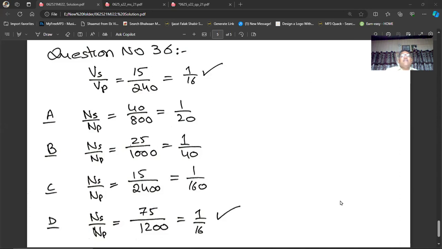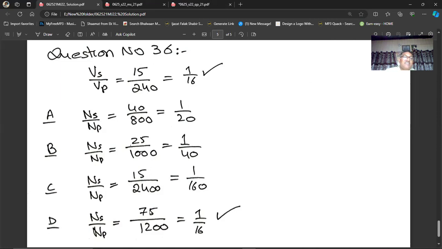Right now, okay, so in the B option, the number of turns in the secondary divided by the number of turns in the primary is 25 divided by 1000, that is 1 by 40. It does not match with that ratio. Ns by Np for the C option, 15 divided by 2400, that is 1 by 160. So these two ratios do not match with each other. In the D option, the number of turns in the secondary divided by the number of turns in the primary is 75 divided by 1200, and that is 1 by 16.